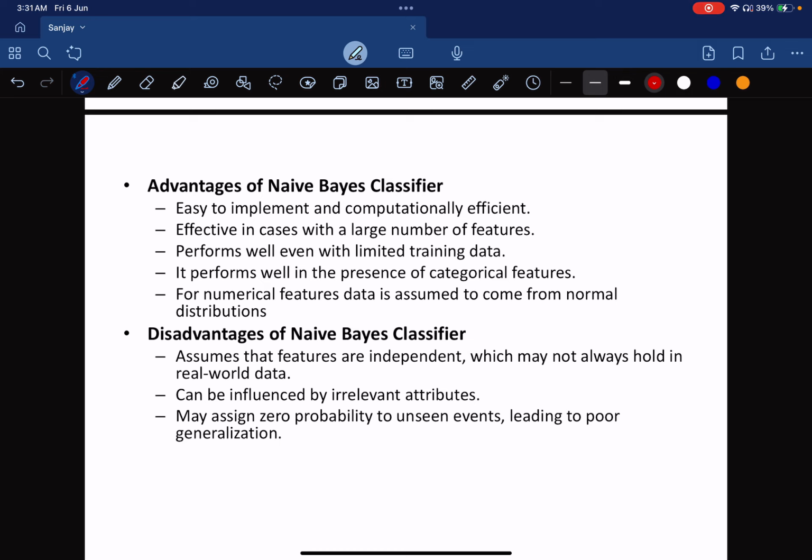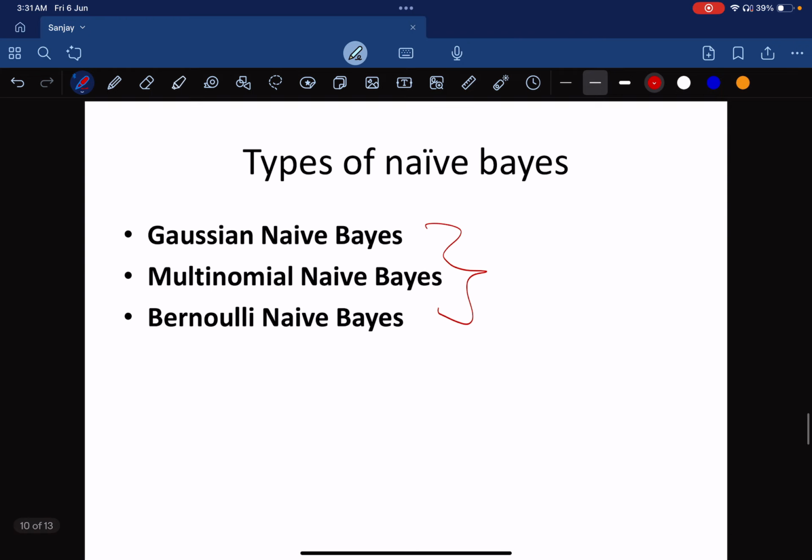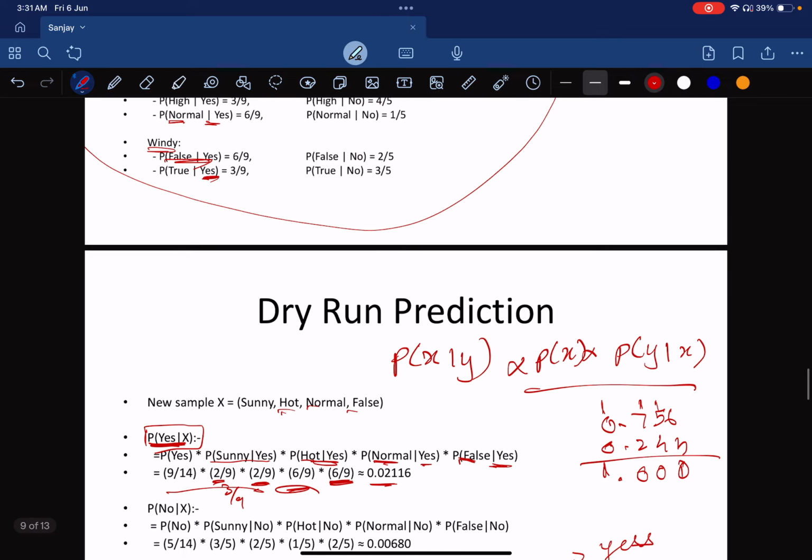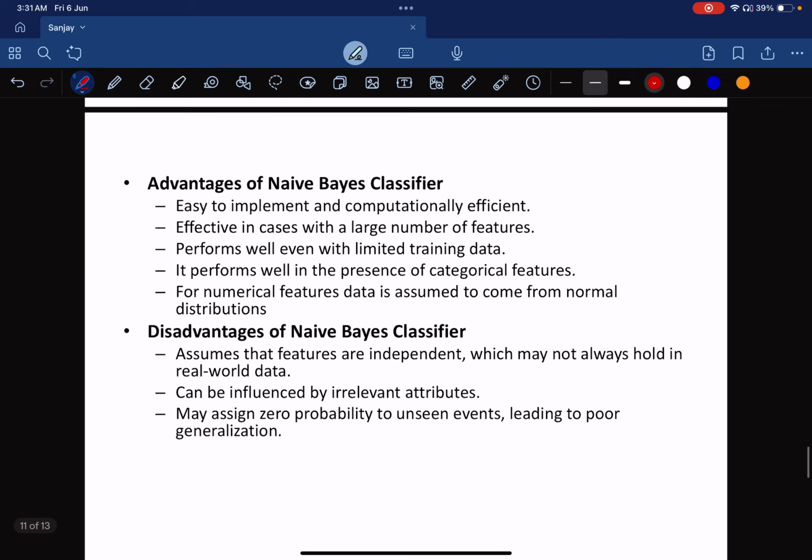That's why it is computationally efficient, and it performs well even with limited training data. It performs well in the presence of categorical features, as we saw, and there may be few misclassifications in the model. For numerical features, it assumes the data comes from a normal distribution.